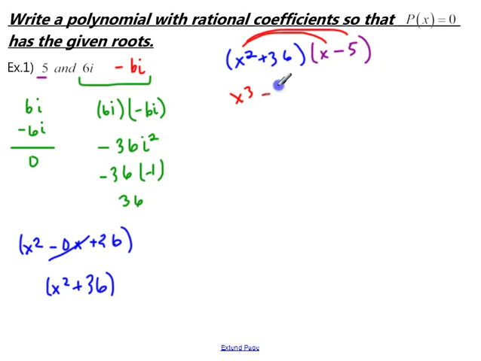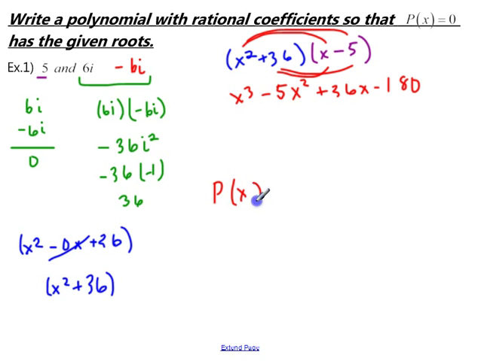Outside terms, negative 5x squared. Inside terms, plus 36x. And then last terms, negative 180. And then you check to see if there's anything that you can simplify, and we don't have any like terms, so this is actually going to be your final answer.